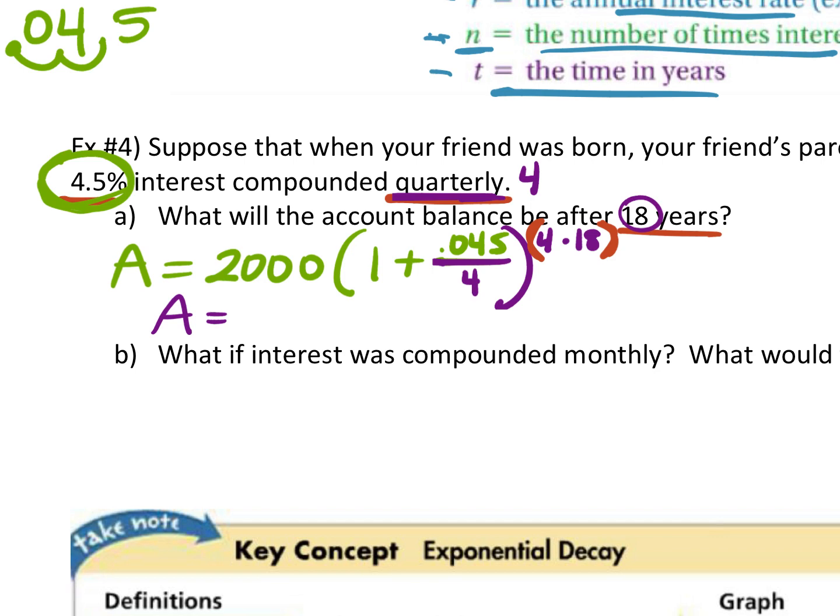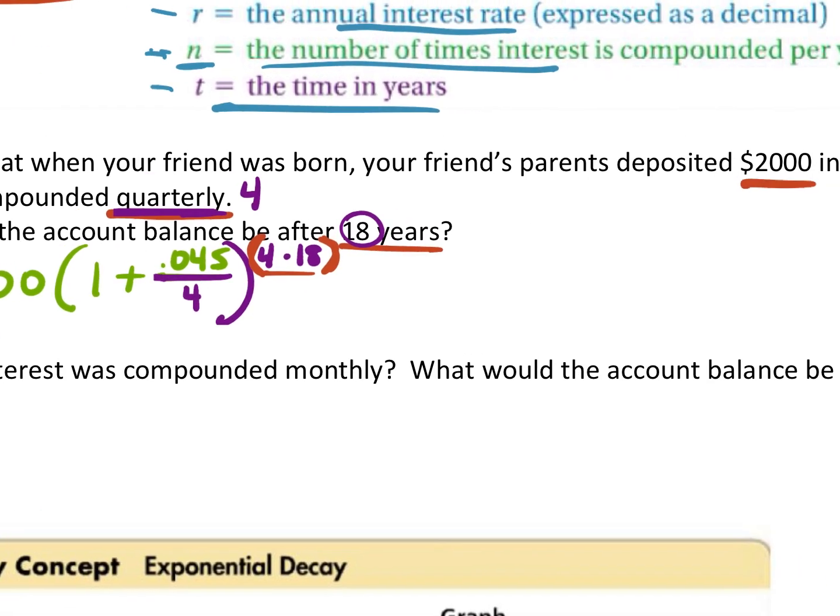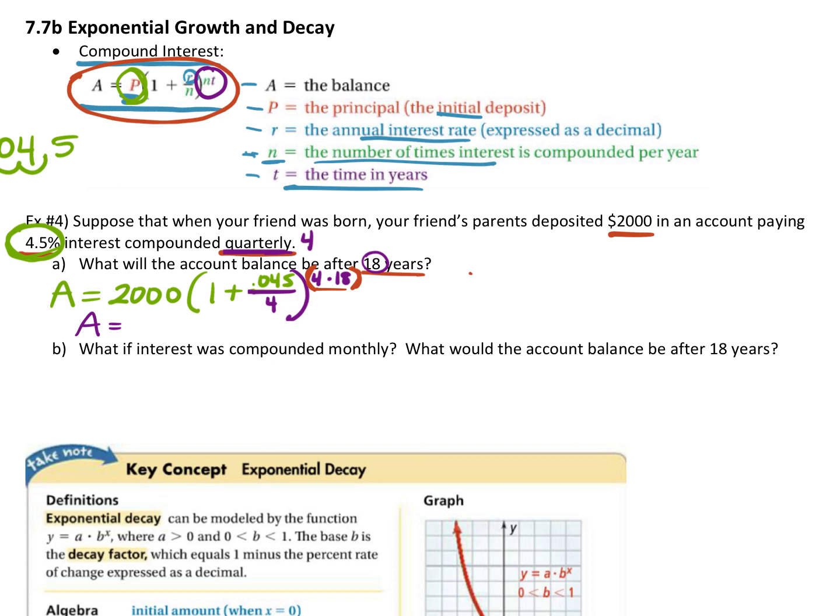You could also piece it out. You could figure out what 0.045 divided by 4 is and add that to 1. You could figure out what 4 times 18 is. So you could go like this. 1 plus 0.045 divided by 4 is this number.